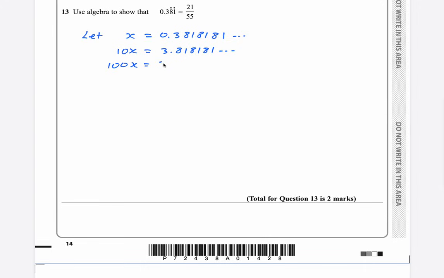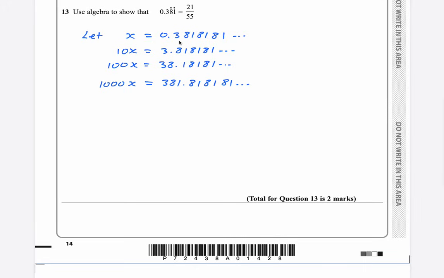So here I have 38.18181... And now I do it again, because I still don't have the same decimals: this one starts with a 3, this one starts with an 8, this one starts with a 1. The decimals are not the same, so let's multiply again. 1000x equals 381.818181.